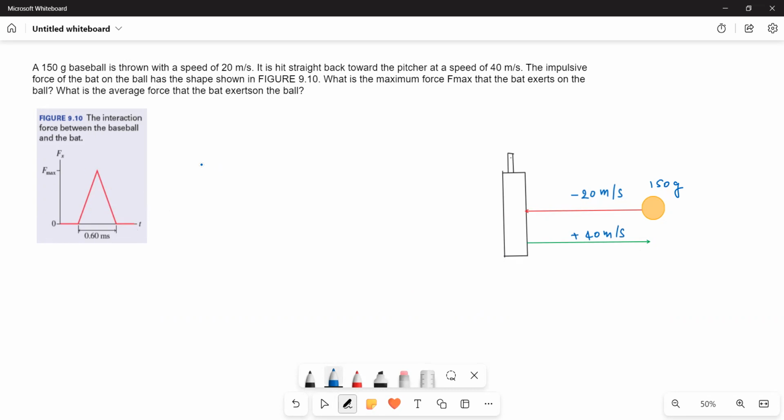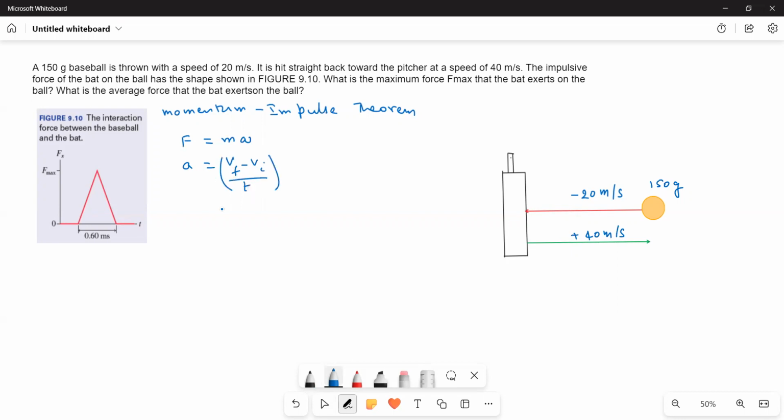Now what I do is I will use the momentum impulse theorem. You may be knowing the momentum impulse theorem, otherwise I will do it. What is the momentum impulse theorem? You know from Newton's second law, F is equal to ma, and a is equal to Vf minus Vi over t.